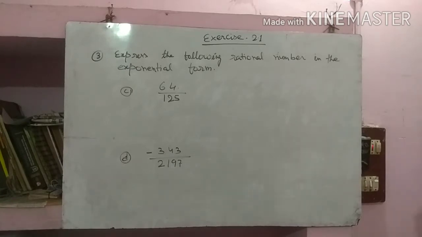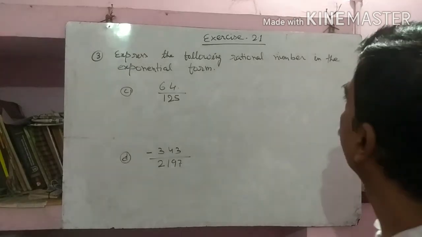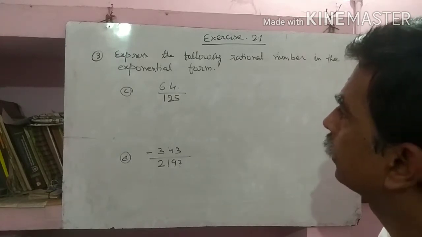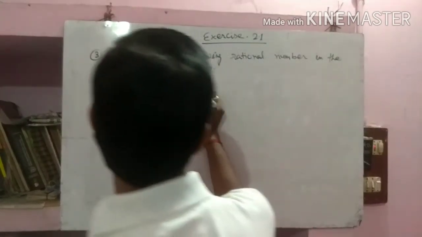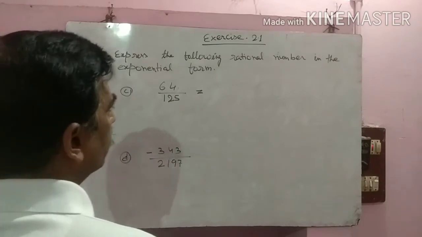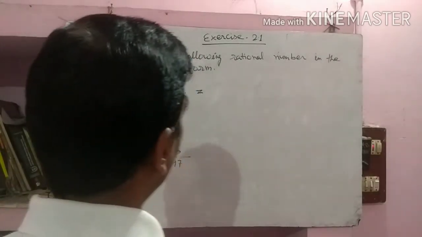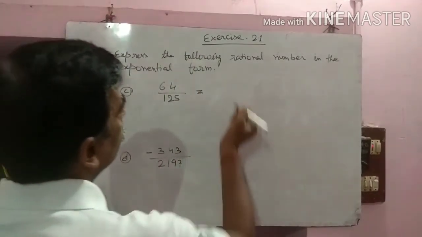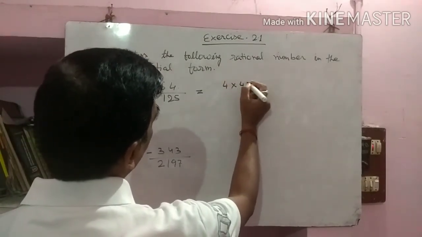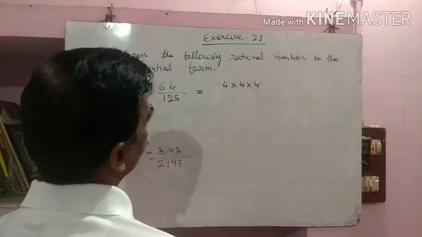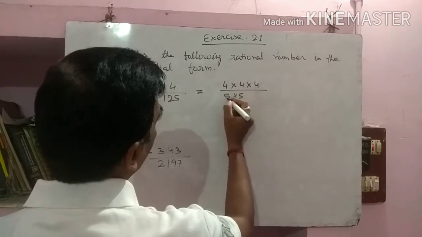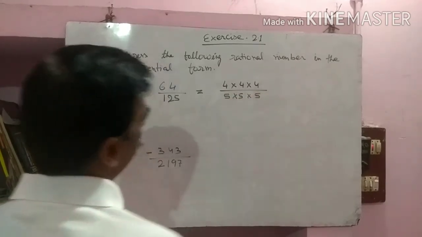Okay, the third question is express the following rational number in the exponential form, means in the form of power. Okay, as 64 is given, we can get the prime factors of it, or this is the product of 4 into 4 into 4, and this one is 5 into 5 into 5.